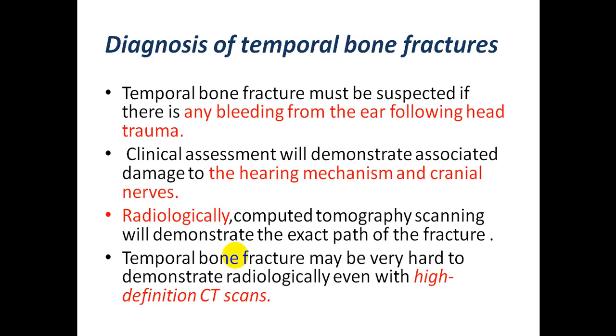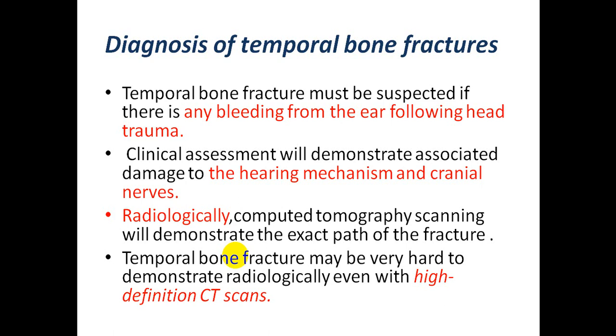Diagnosis of temporal bone fractures. A temporal bone fracture must be suspected if there is any bleeding from the ear following head trauma. So any patient with head injury associated with bleeding from the ear, bloody otorrhea, we should exclude fracture of the base of the skull.